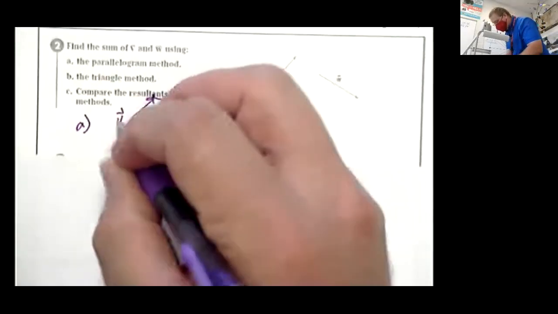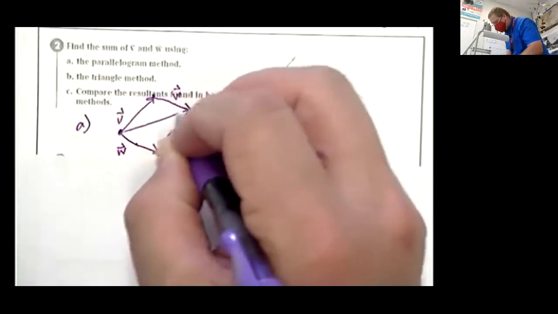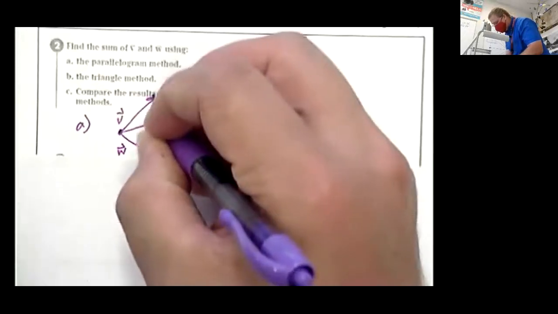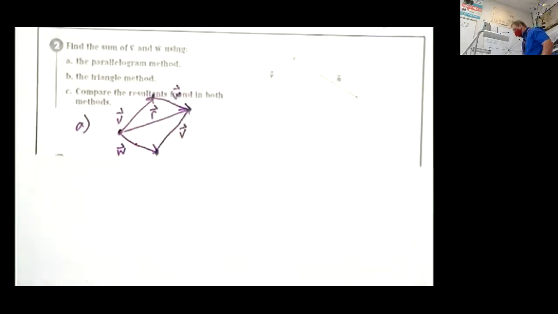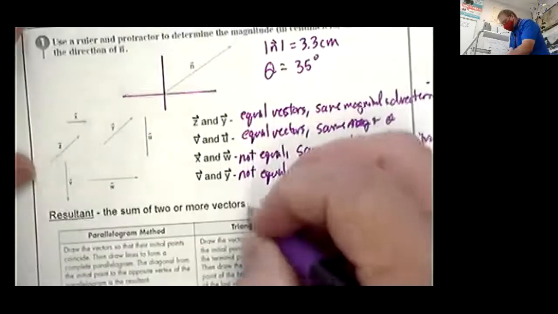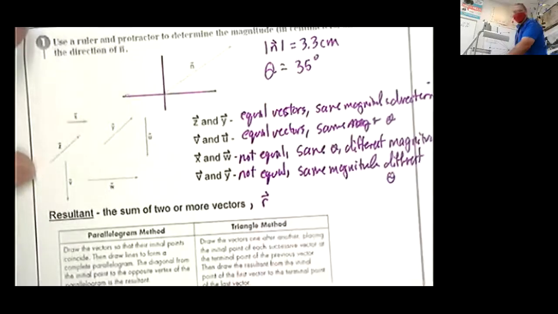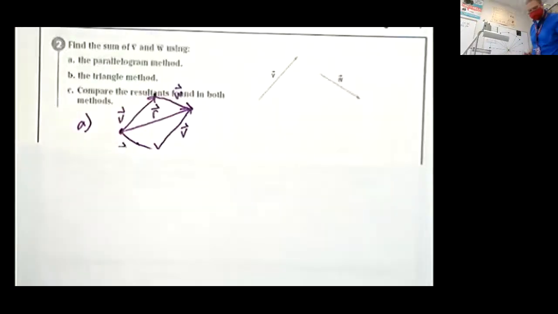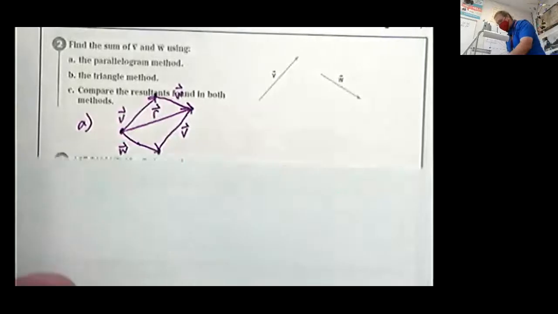The resultant vector then has to be from the initial point of v and w to the terminal point of v and w. And there's my resultant vector, called vector r. I should note that the resultant vector is what we'll usually call the r vector. Usually we'll save that r to be the r vector. So that's the parallelogram method.